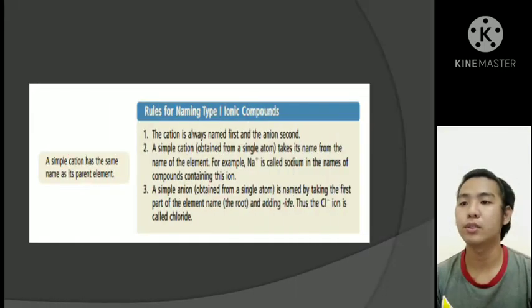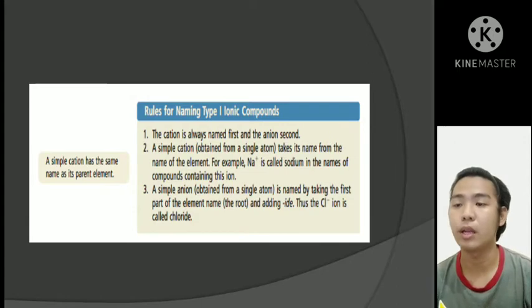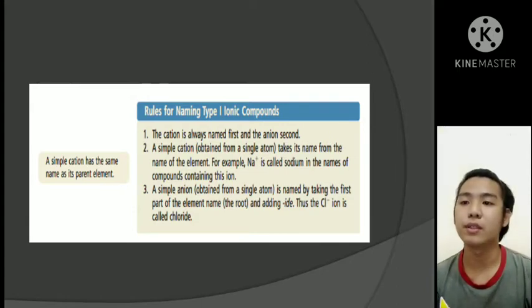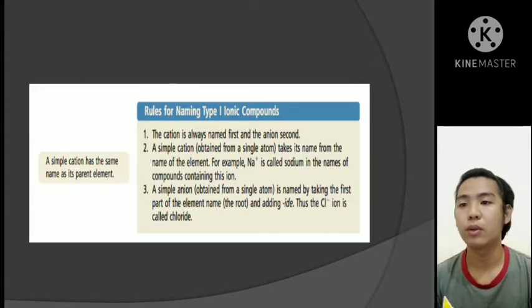A simple cation has the same name as its parent element. Rules for naming type 1 ionic compounds. Number 1, the cation is always named first and the anion second. Number 2, a simple cation obtained from a single atom takes its name from the name of the element.